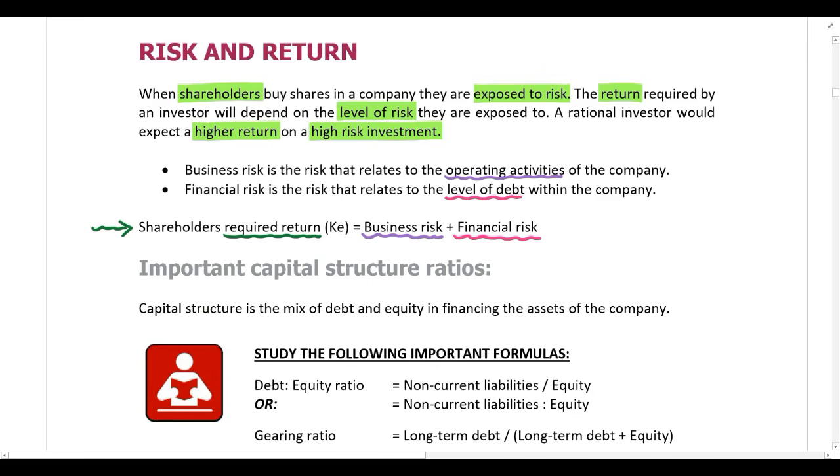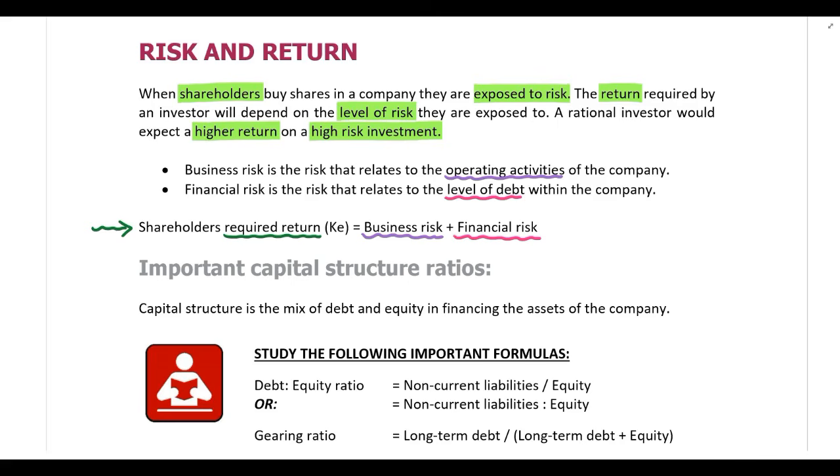So if we are dealing with a company that has very high risk day-to-day operating activities and they have a lot of debt in their capital structure, then shareholders are going to require a higher return on the investment in order to compensate them for that business risk and financial risk.